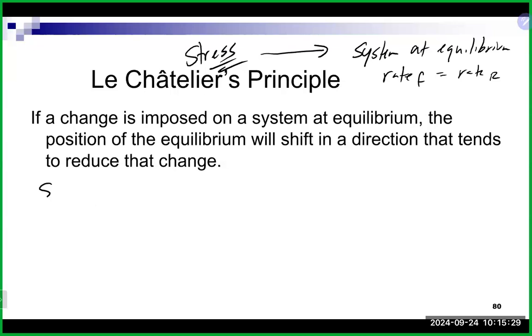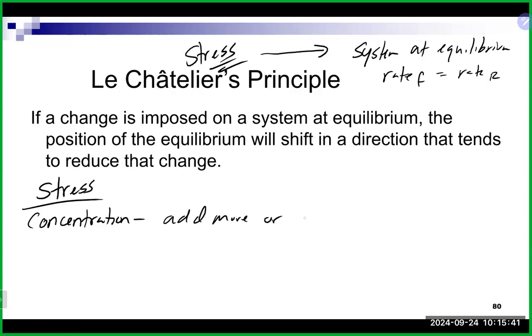Some stresses that you can add to a system at equilibrium: you could do something with concentration, and obviously you could either add more or remove, which are very common things that you can do. You could also do something with the pressure or volume or both.